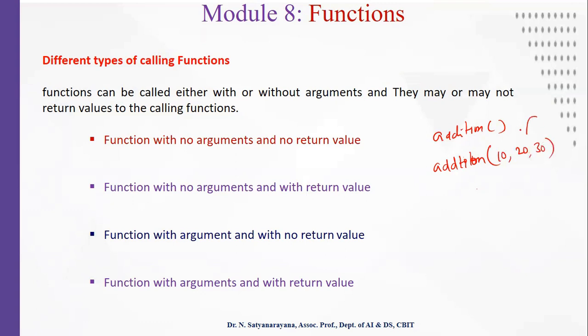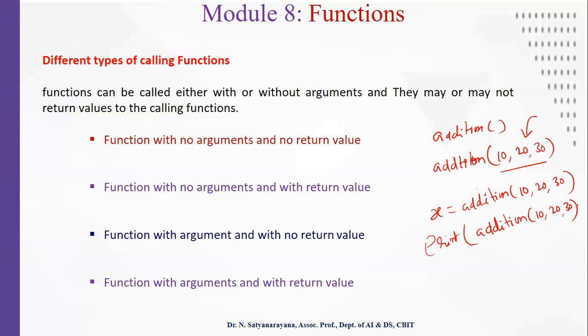You can pass the parameters over there, and you can return the result also. In the sense, you have to call the function like, see, addition. Or else you can straight away use a print statement, where within that print statement you can also pass the function as an argument. So that also will print.